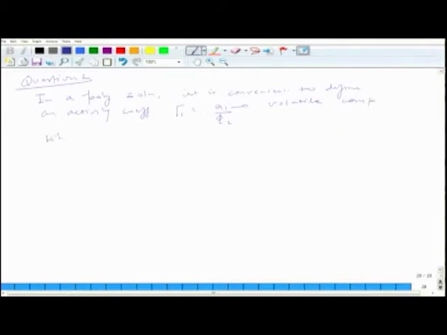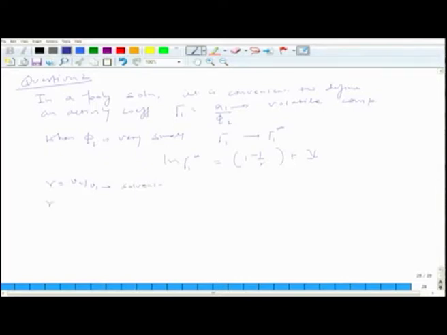When phi 1 is small, gamma 1 is written as gamma infinity, and in that case the Flory-Huggins theory or equation gives us the following expression, where chi is the Flory interaction parameter and r is V2 by V1, where V2 is the molar volume of the polymer and V1 is for the solvent.